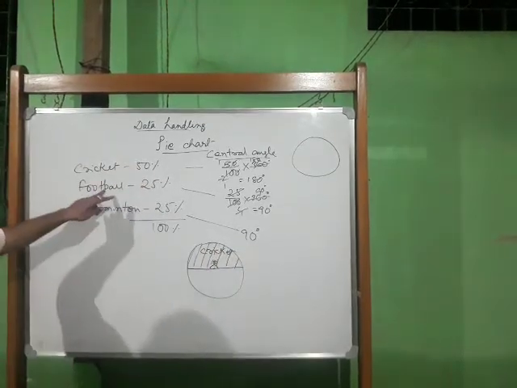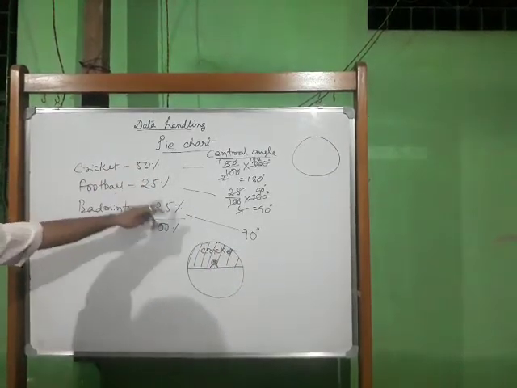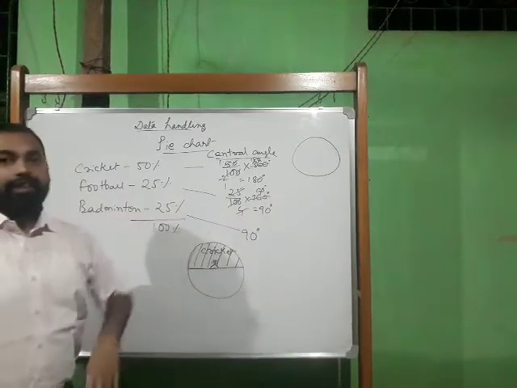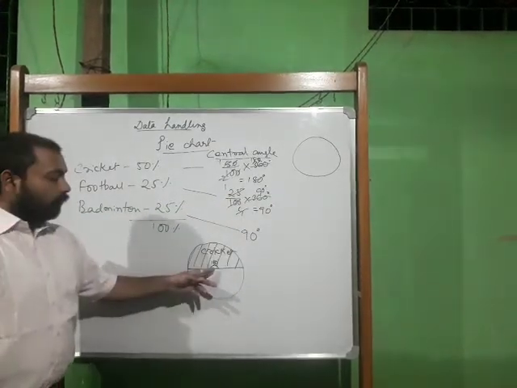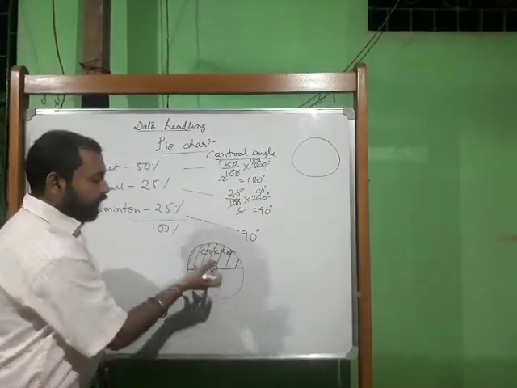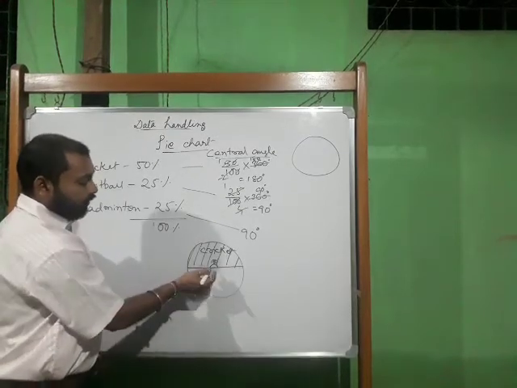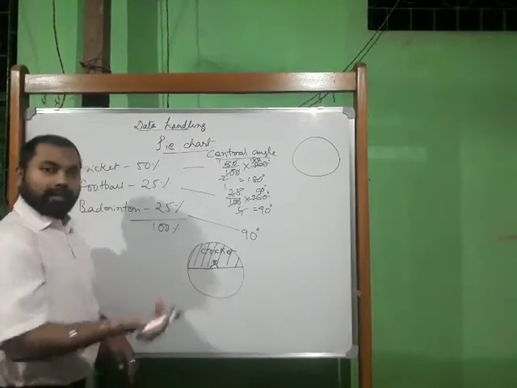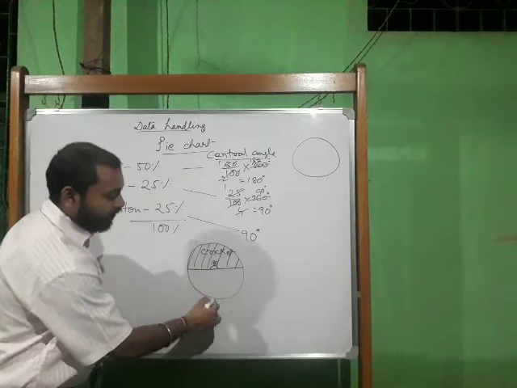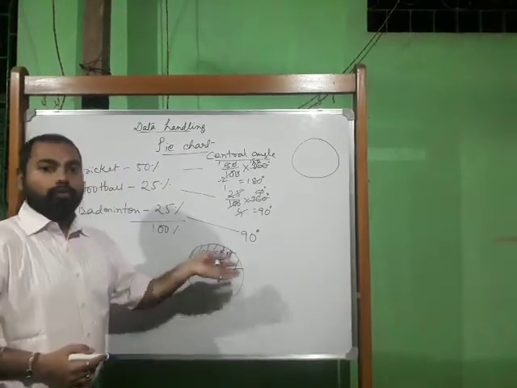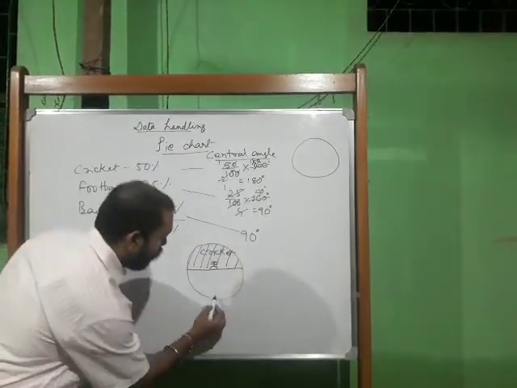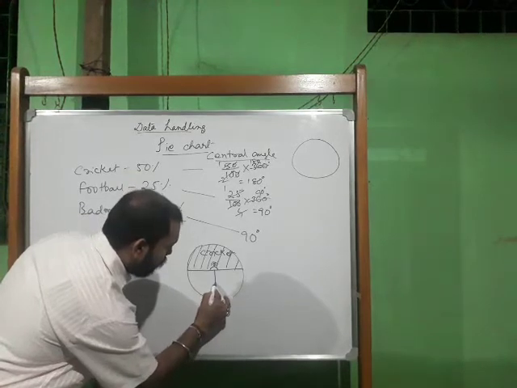Now you see both football and badminton have an angle of 90 degrees each. So what you can do is take a protractor, take any one baseline and draw the 90 degree angle. I know all of you know how to draw a 90 degree angle. So you draw one 90 degree angle.